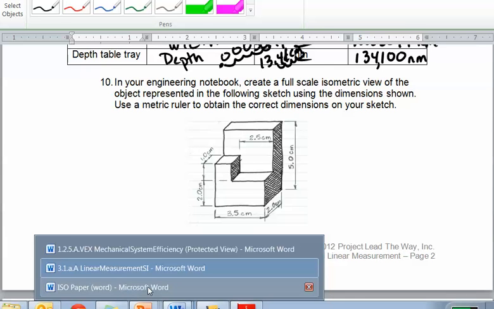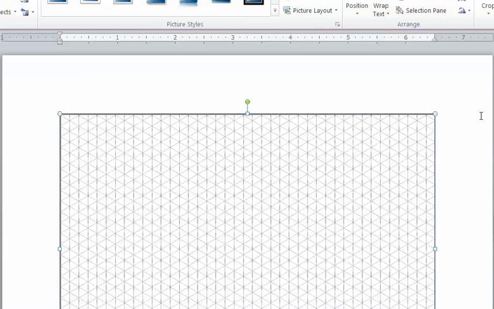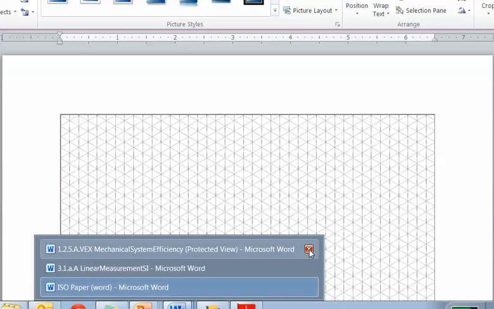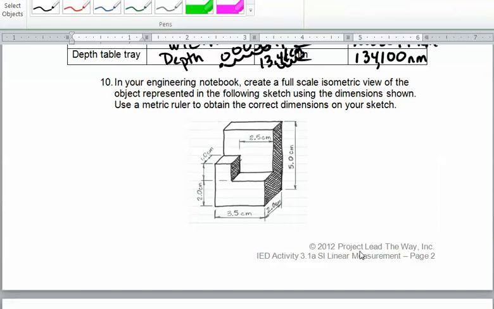I'm pulling up some isometric paper on Word, so I'm going to be flipping back and forth as I do this. Right down here is my point. This is where I'm going to make this whole box. They want me to do it using a ruler, not using the boxes. So I'm going to go back to my isometric grid paper.